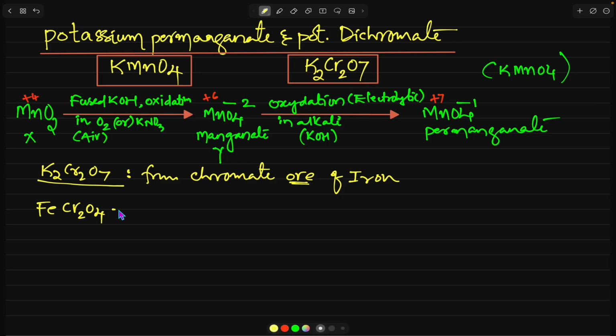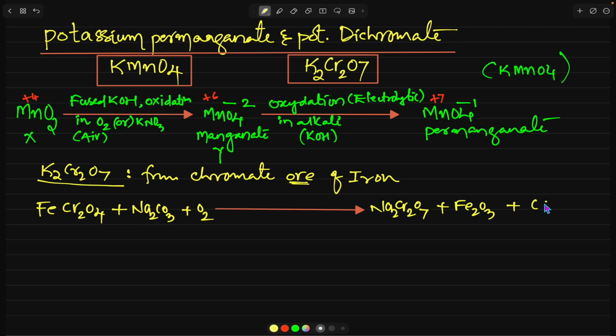This is oxidized in presence of sodium carbonate and oxygen. Then we get an intermediate product, and immediately this gives us Na2Cr2O7 plus iron converting into Fe2O3 and carbon dioxide gas is released.